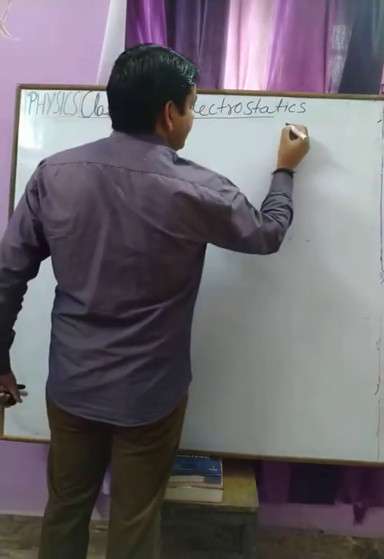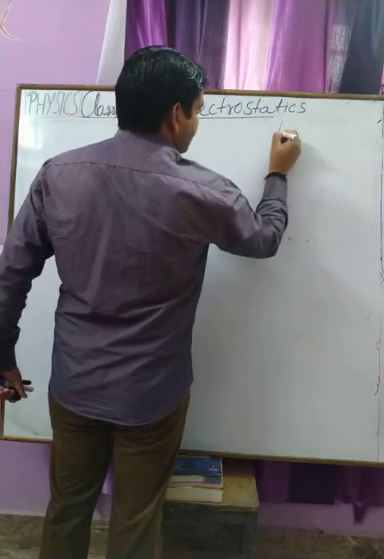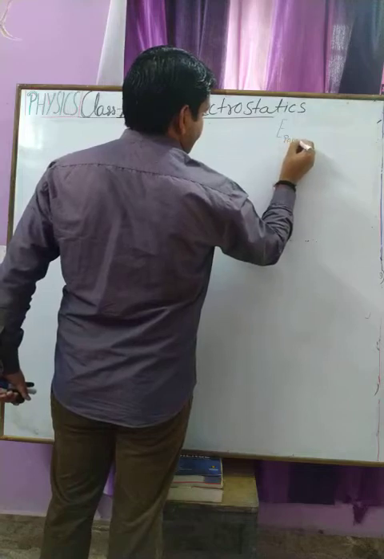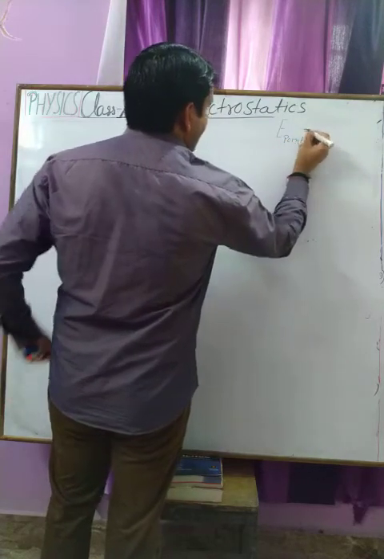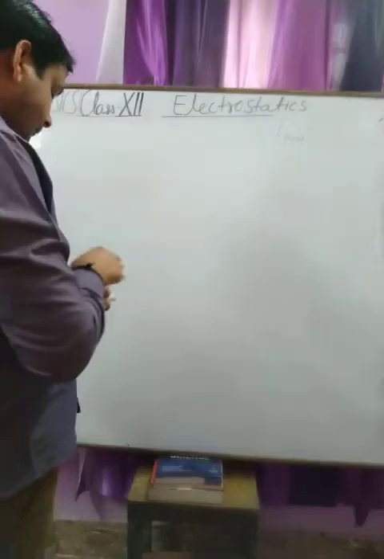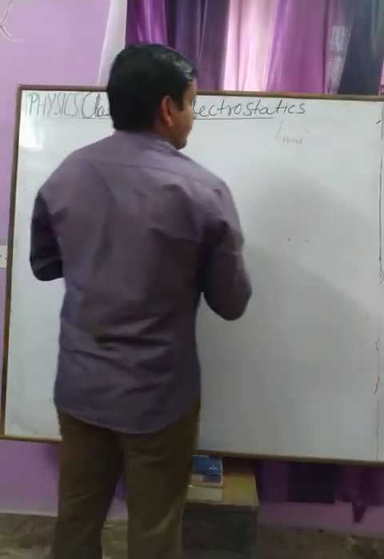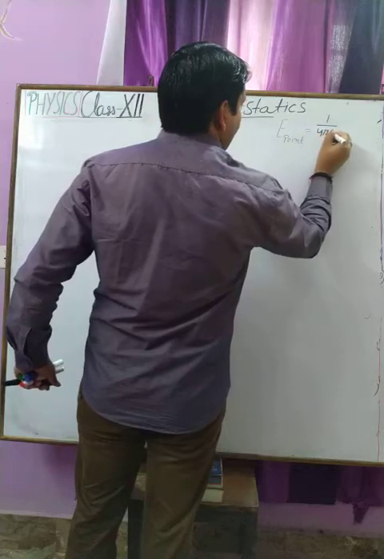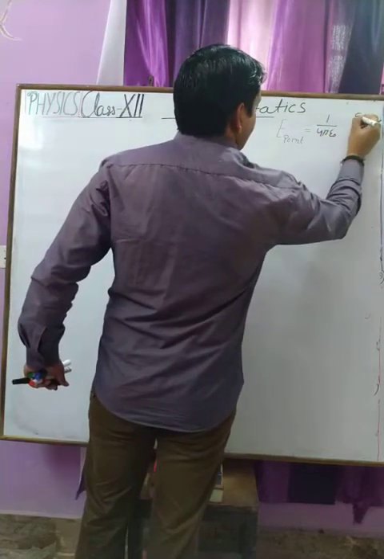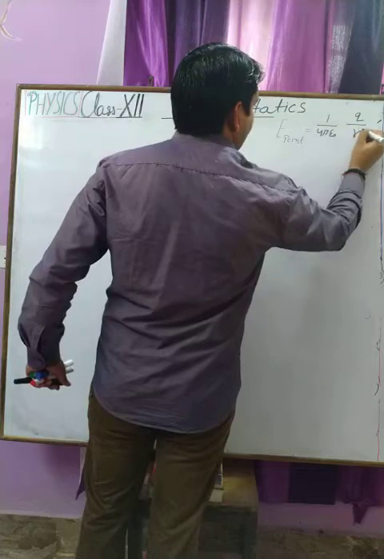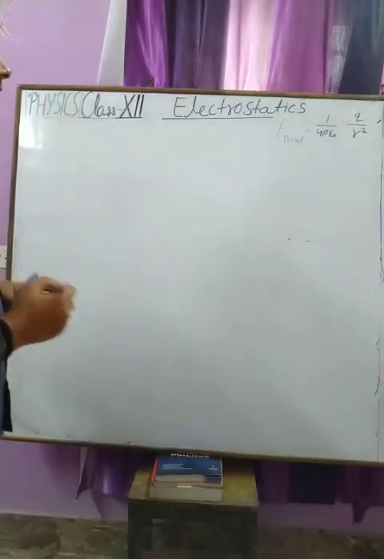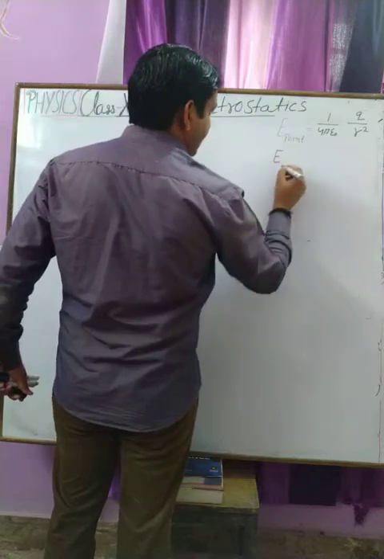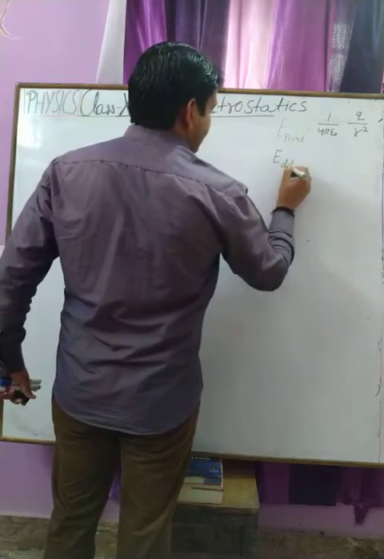One is electric field due to a point charge. This formula is 1 upon 4 pi epsilon naught, Q upon r square. Second, we have electric field due to dipole.